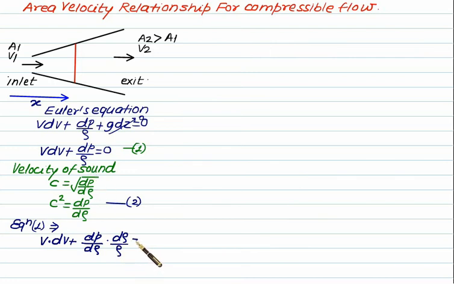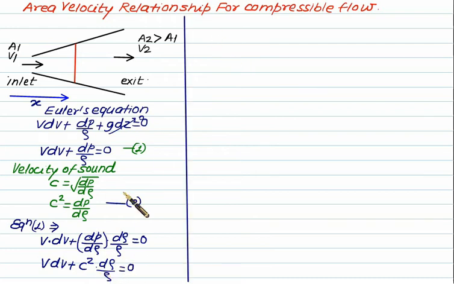This term is nothing but the velocity of sound square. So we have V dV plus C square into d rho by rho equal to 0. We can solve for d rho by rho: d rho by rho equal to minus V dV divided by C square. Let's say equation number 3.